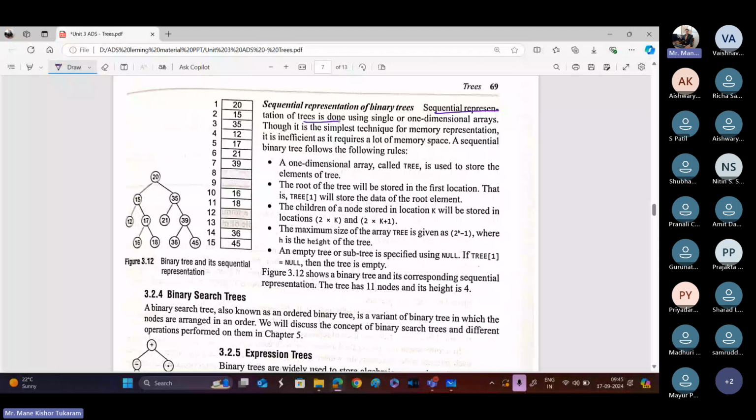This is the simplest memory representation, though a lot of space is required. A one dimensional array called tree is used to store the elements. The root of the tree is stored at the first location. Then children of the node at location k are stored at locations 2 into k and 2 into k plus 1.